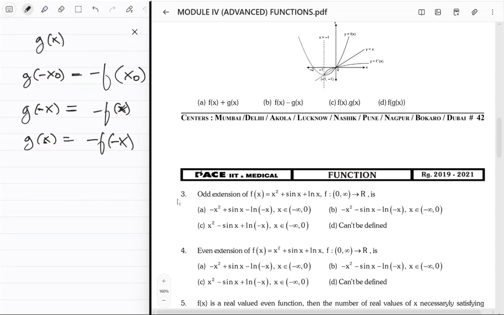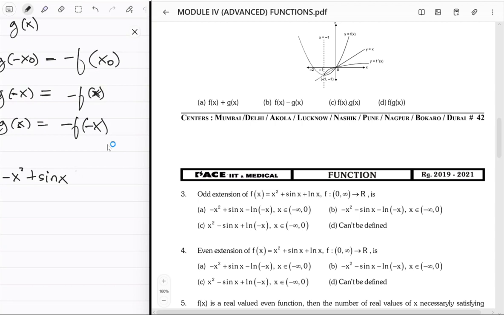I know it sounds complicated, but that's how it should be. That's what we call an odd extension. So negative f of negative x is just negative x squared, negative to positive so plus sine x, and then negative natural log of negative x, because natural log of a negative number we can't deal with right now. So that's why A is the only one that works. Cool.